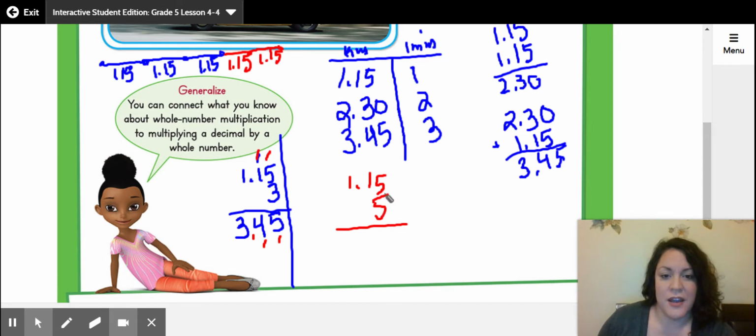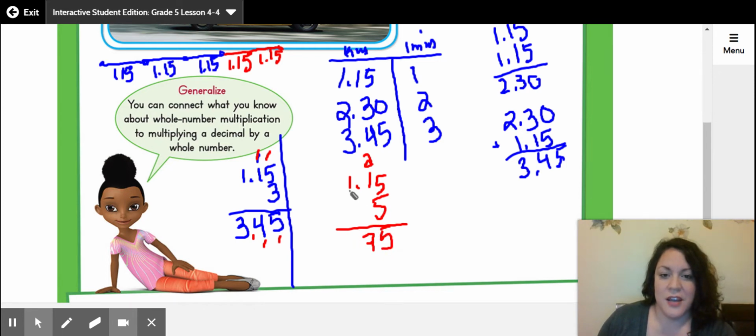So let's take 5 times 5. That's 25. 5 times 5 is 25. I carry my 2 because there's no room to put the 20 down there. So 5 times 1 is 5 plus 2, 7. Okay. I always put a line in my 7. My dad used to do that. Okay.